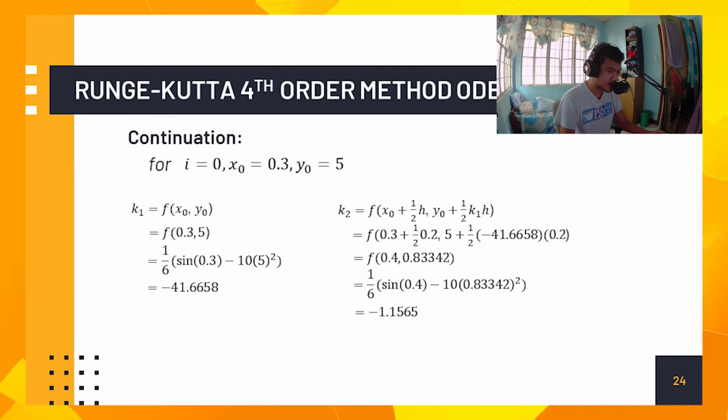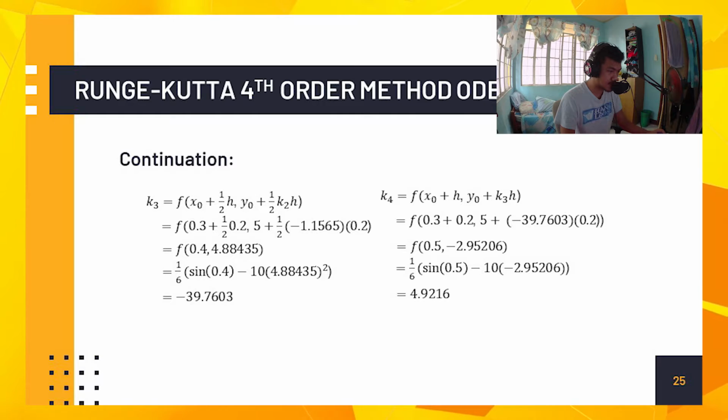Simplifying it further, we are going to have f of 0.4 comma 0.83342, which is equal to 1 over 6 times the quantity of sine 0.4 minus 10 times 0.83342 squared, and that will give an answer of negative 1.1565.